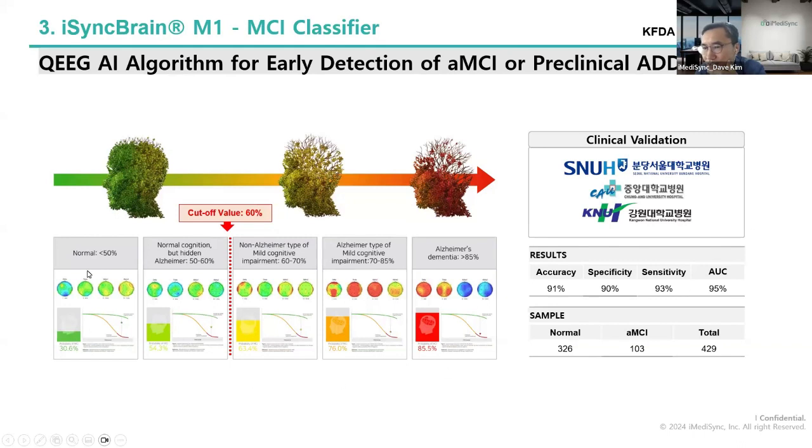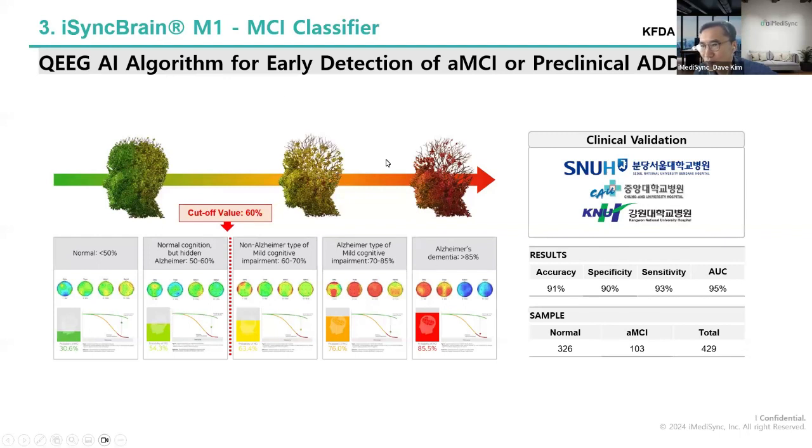And the third one is our biomarker analysis. After calculating the QEEG features, there are a lot of QEEG features. So the clinician usually needs to review all the QEEG patterns and parameters, but using this kind of biomarker, we can simply detect the MCI population.